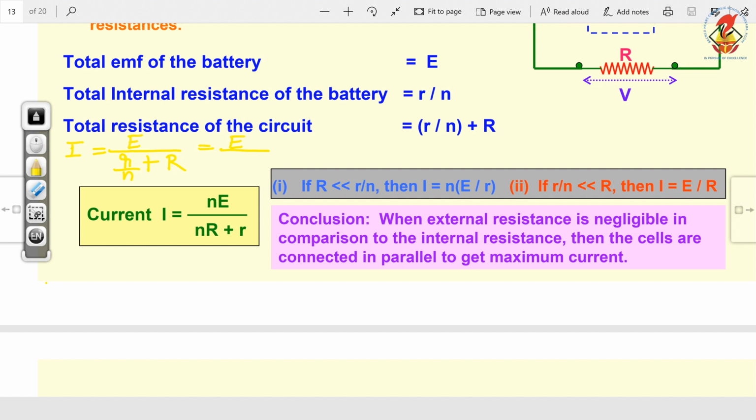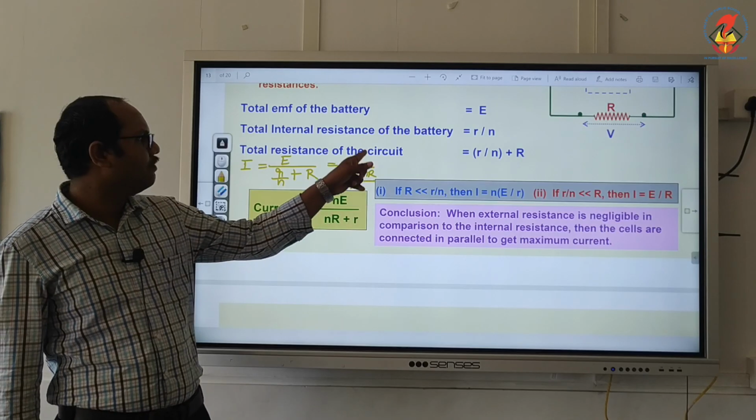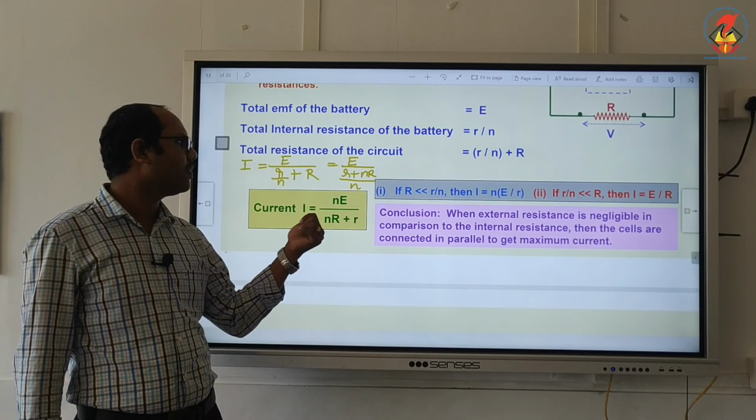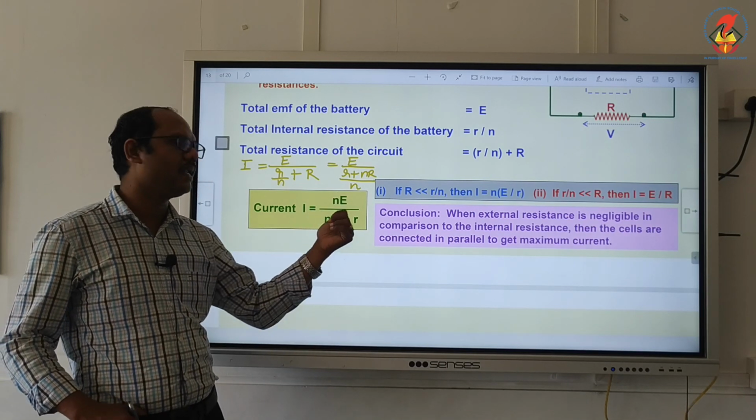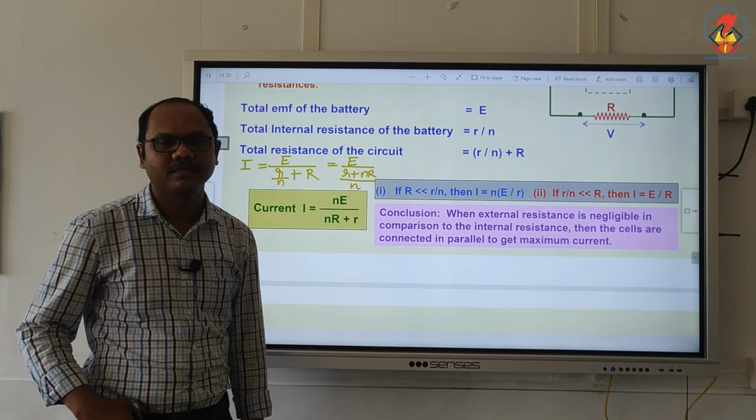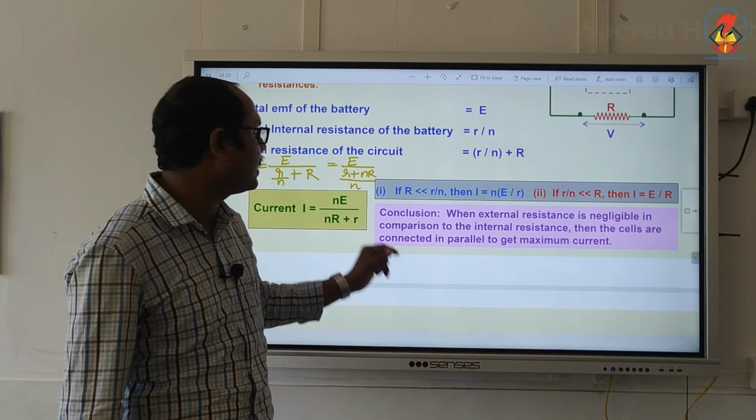So, E divided by r plus nR whole divided by n. That n will go up. That is how you get an equation like this. I is equal to nE by r plus nR. Okay, that is the equation for the current.